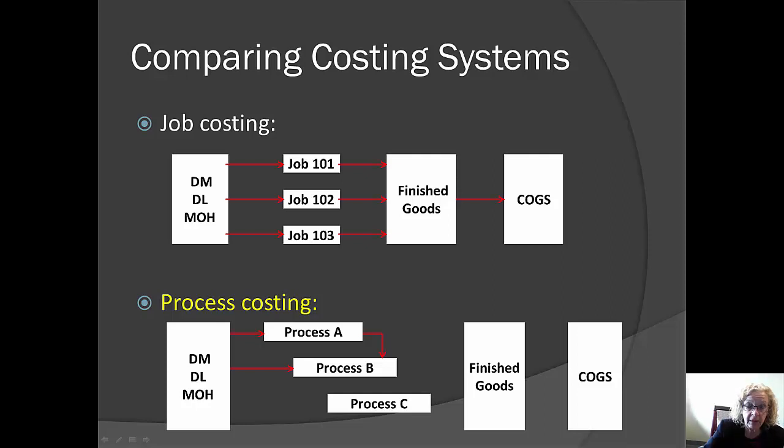When those materials are done being canned, they flow into the next process, maybe the packaging department, where more materials and more labor and more overhead are added until finally everything is done. The completed units go to finished goods, and then eventually they're sold, and their costs move from the balance sheet to the income statement as cost of goods sold. Like that.